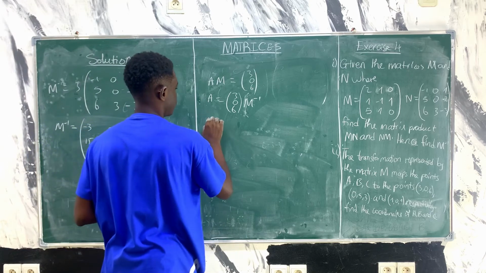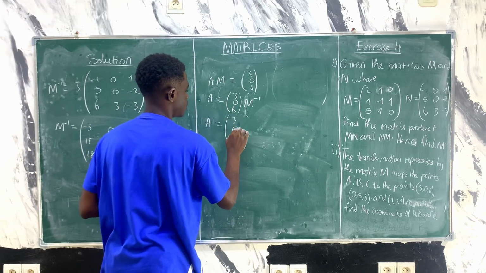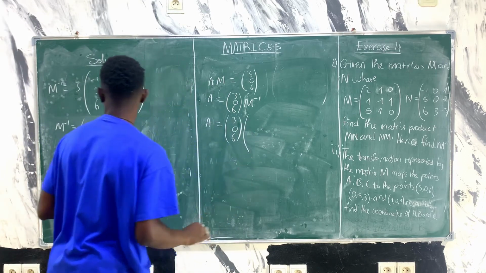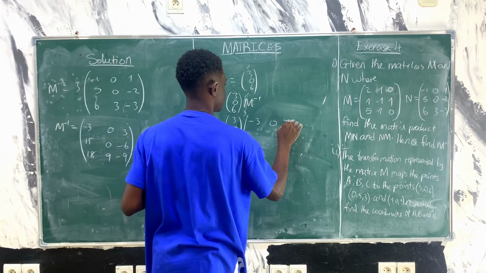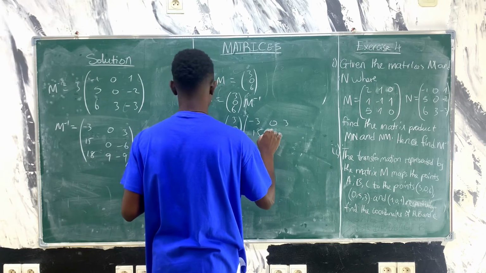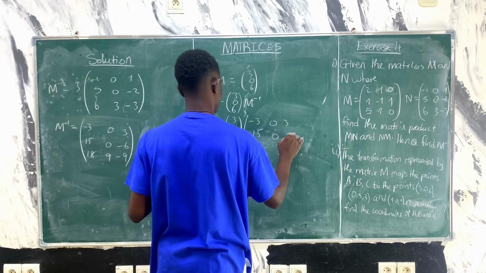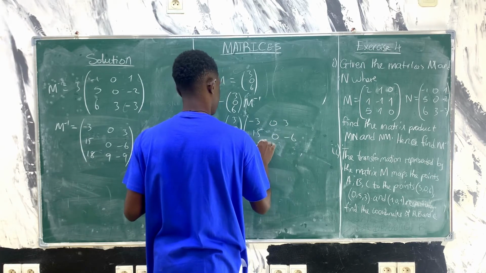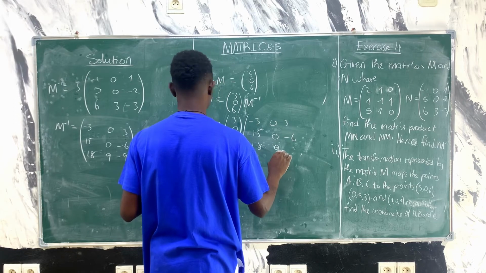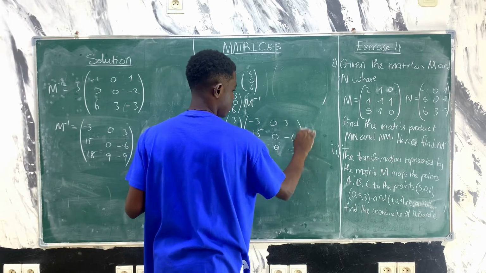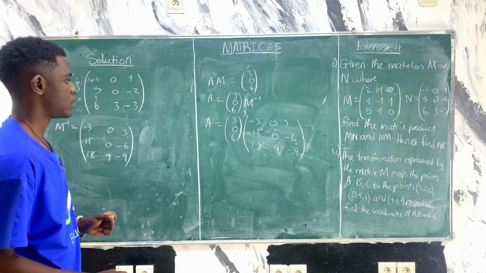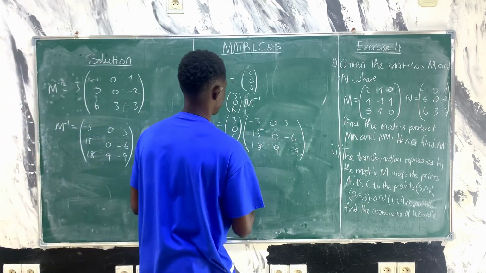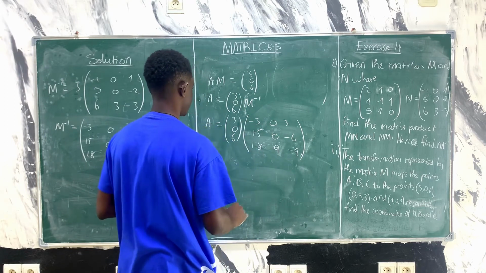So I'll have A is equal to 3, 0, 6 times M inverse: 3, 0, minus 3, 15, 0, minus 6, 18, 9, minus 9. So that is A.